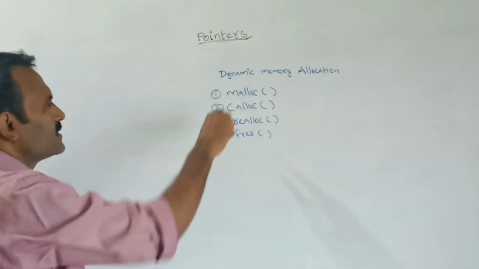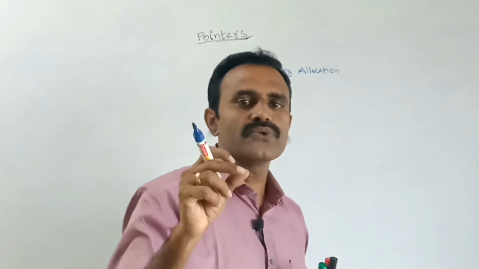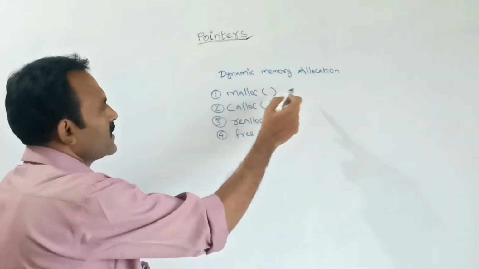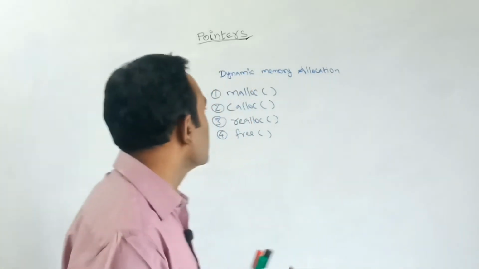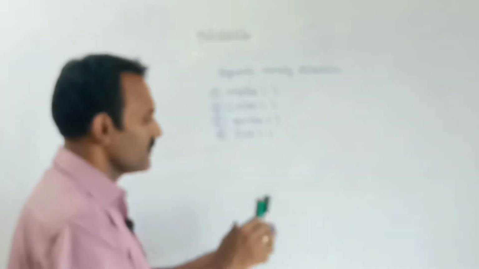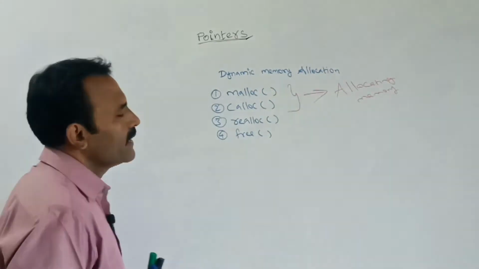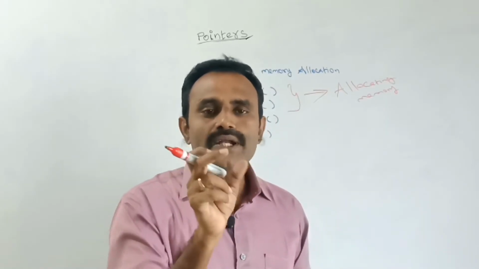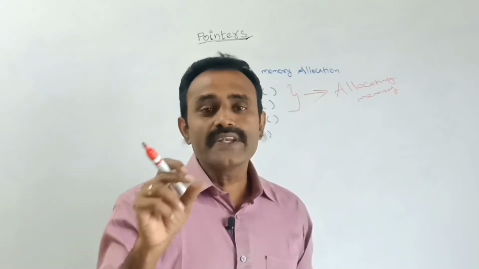Malloc and calloc are used for allocating the memory, and we can store values in the memory space. Malloc means memory allocation. Next, calloc means contiguous memory allocation. Malloc and calloc are both used for allocating memory, but the main difference is that in Malloc, when we allocate the memory, it will not initialize the value.